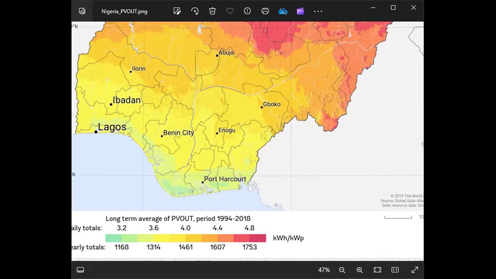Let me use 1 kilowatt rather. You understand the point? 1 kilowatt of solar is what generates, using Maiduguri as a case study, 4.8 kilowatt hours.